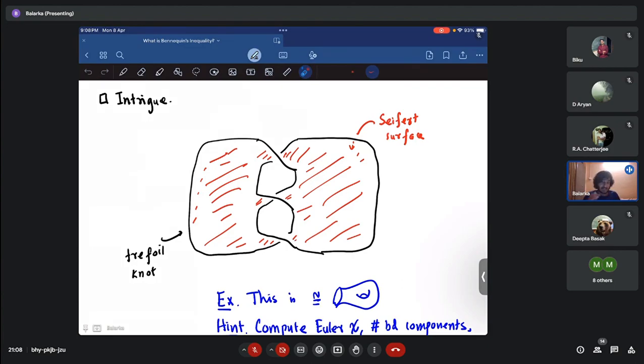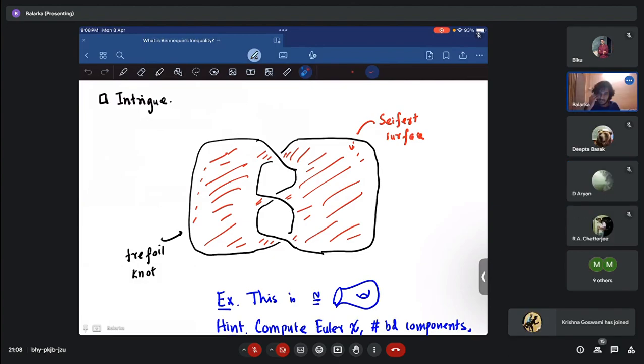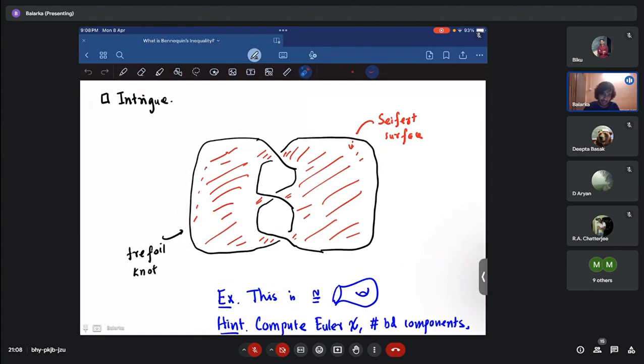Okay. The exercise I'll give to those of you who are interested in cut and paste topology: this surface in red is the same as a punctured torus with a disk removed. That might not seem obvious at first glance, but that is what it is. The hint for proving that is to compute the Euler characteristic and the number of boundary components.